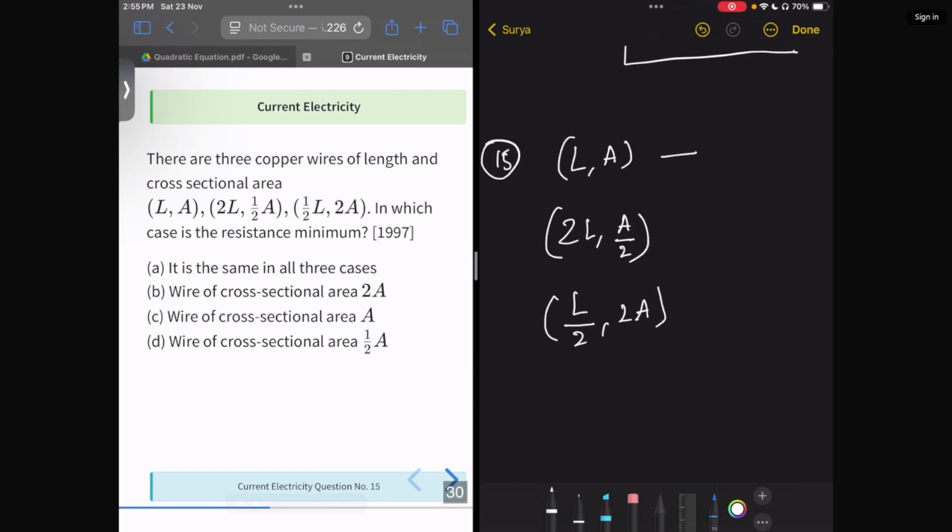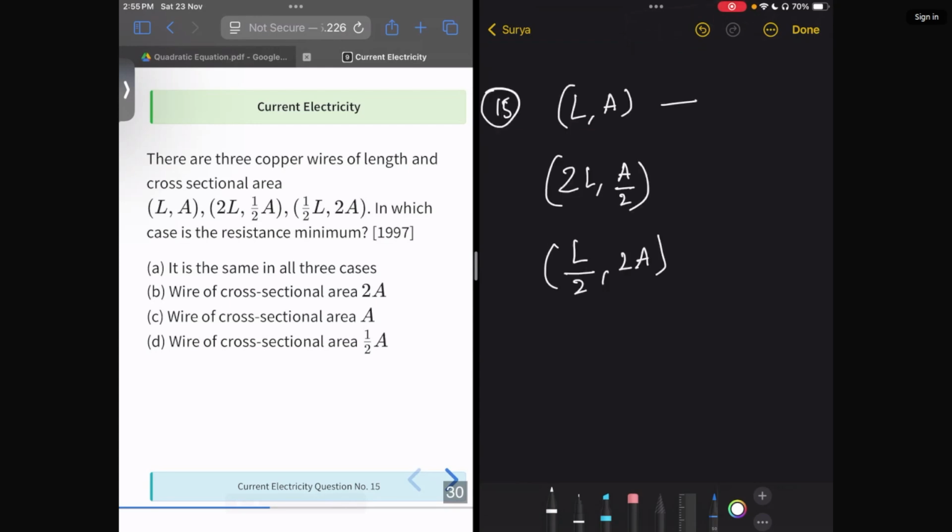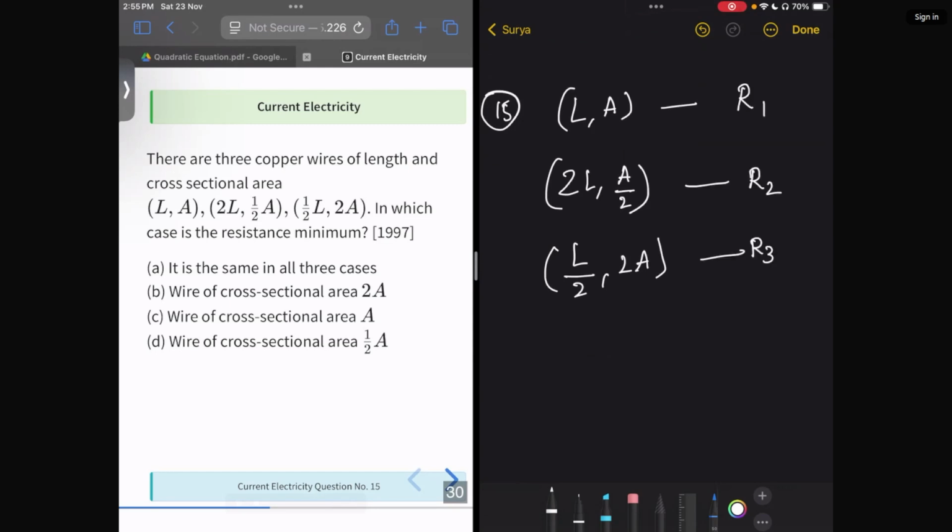In which case will the resistance be minimum, they are asking. Here the resistance I will take as R1, here R2, here R3. They are asking for the minimum of R1, R2, R3.